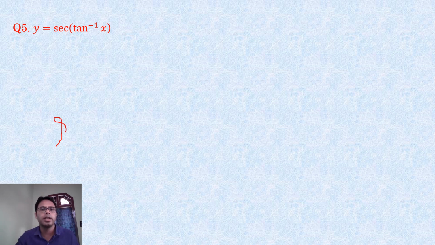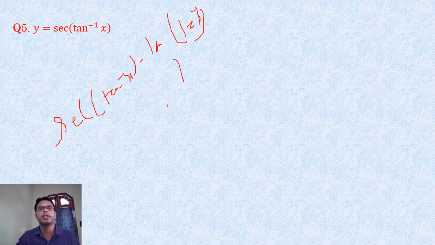This is sec of tan inverse x into tan of tan inverse x into d/dx of tan inverse x, which is 1 by 1 plus x square. Then simplify it. This may be one of the methods, but it is not a suitable method actually.